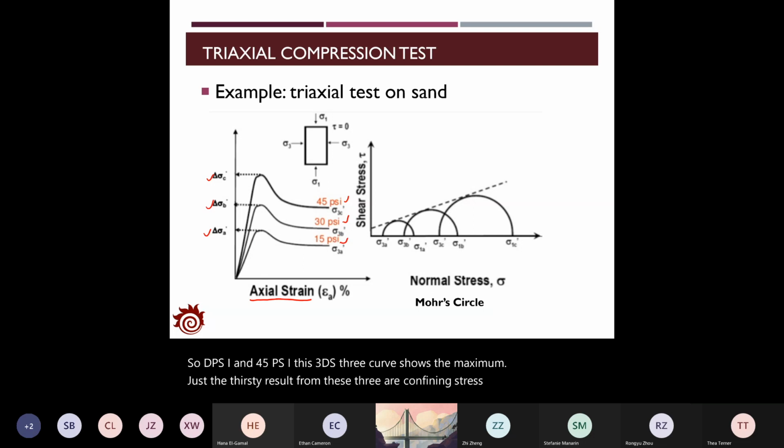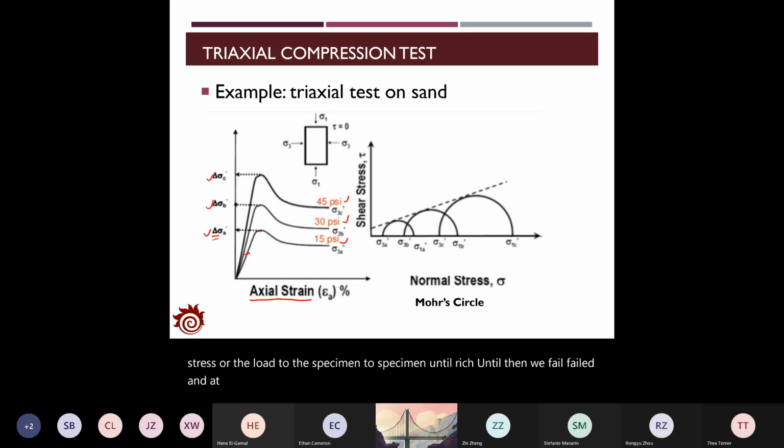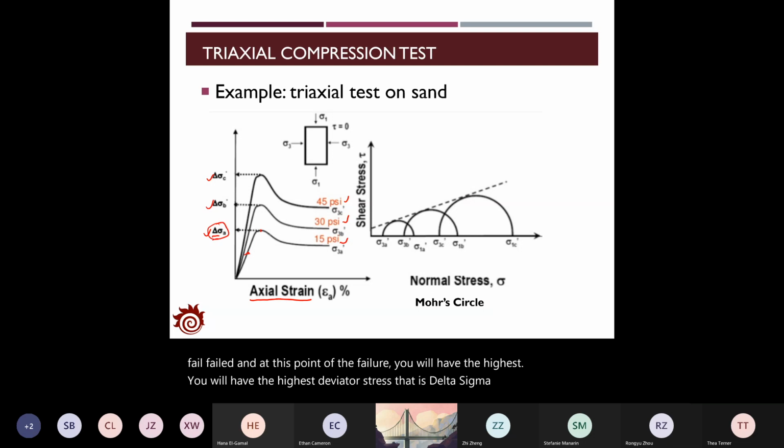Let's just take the first one as an example. We will keep increasing the deviator stress, or the load, on the specimen until it fails. At the point of failure, you will have the highest deviator stress. That is delta sigma A. And then we reduce the load by about 20% and complete that one round of the test.